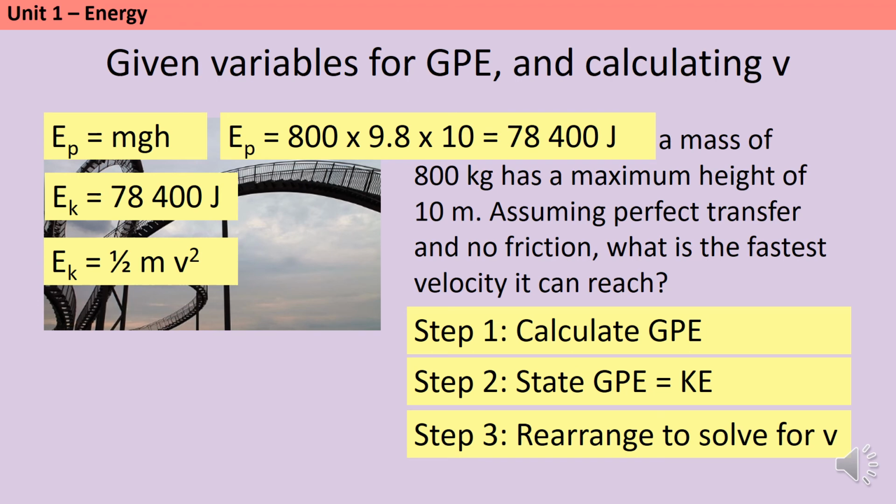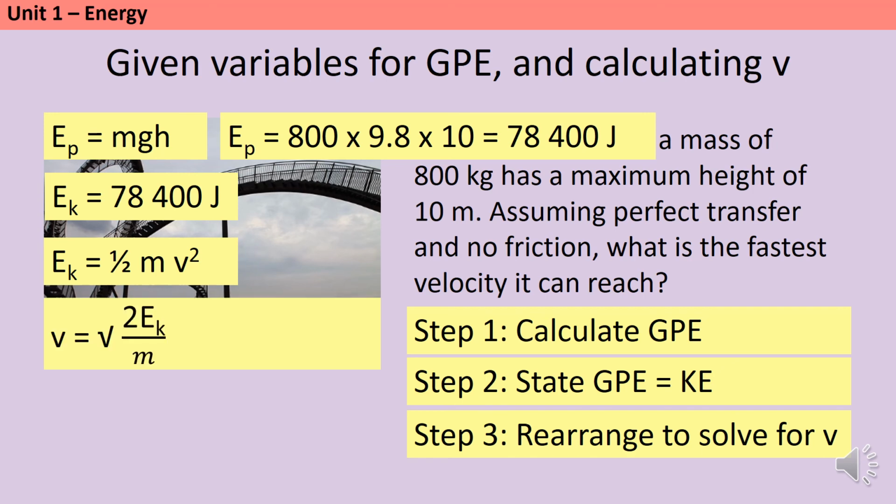So to make v the subject of this, I'm going to double both sides, then divide both sides by m, and then square root. So that gives me a rearranged formula that looks a bit like this. So if I double that amount of kinetic energy, divide it by 800, and then square root my answer, I get a maximum velocity of 14 metres per second.